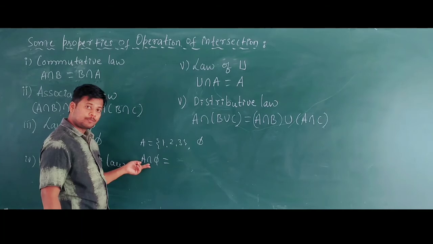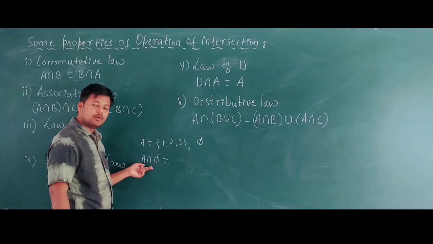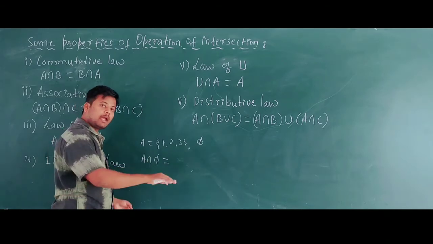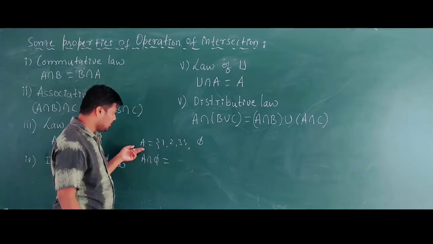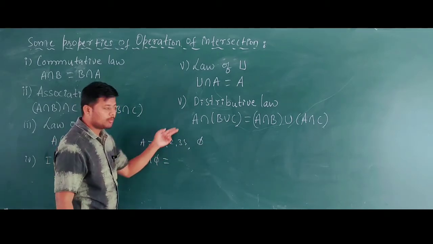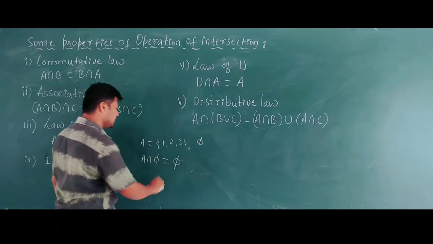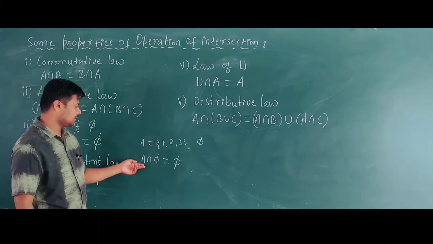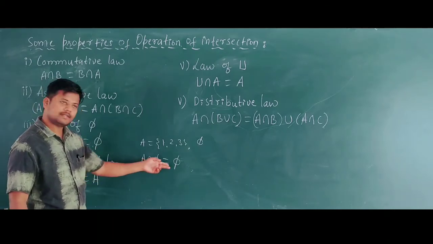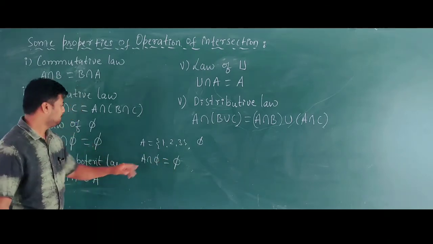Intersection definition: this is the set of all those elements belonging to A and B. Here an element should be in both, but in the null set there is no element. So that's why this set is null set. Intersection of A and null set is null set only.